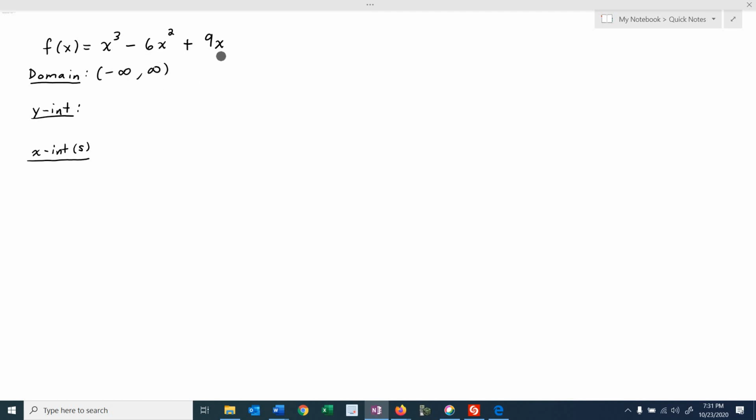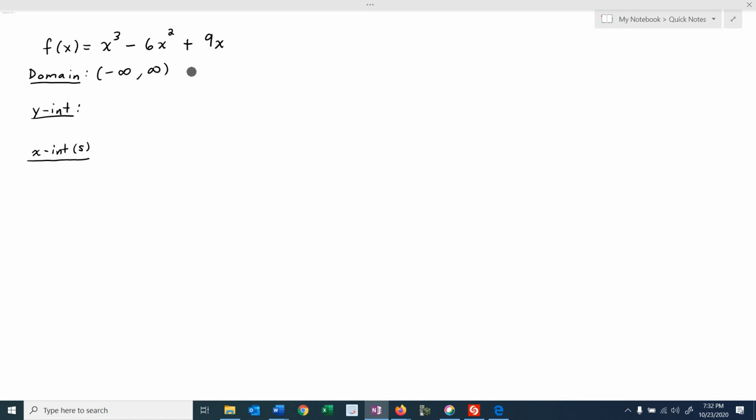Now, there are a couple of types of functions you should look out for where the domain might be restricted. Those would include rational functions, where you're dividing a polynomial by another polynomial. The reason you might have restrictions there is because you can't divide by 0.